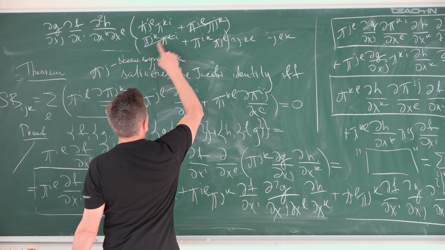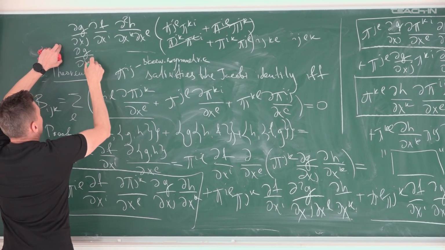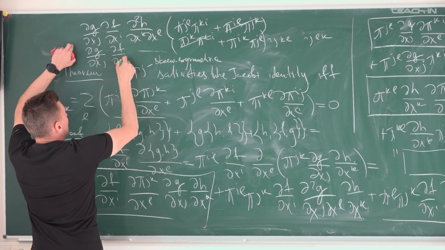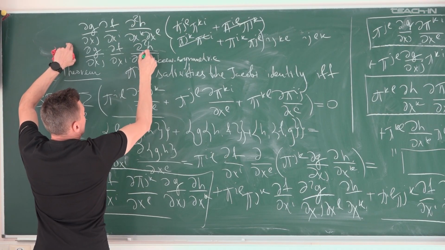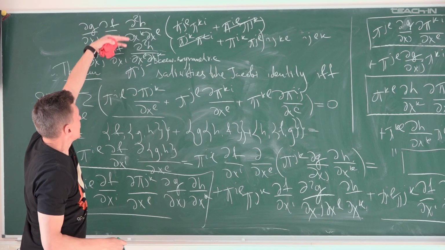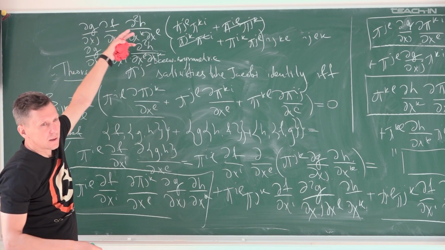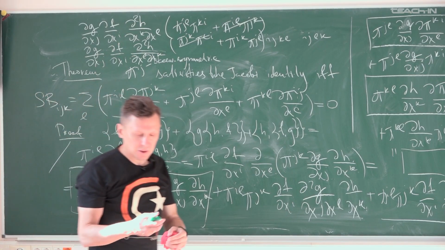This cancellation, I'd like to write it. And here I change dxl, dxk. But these parts are the same, yes, because the second derivative is symmetric.